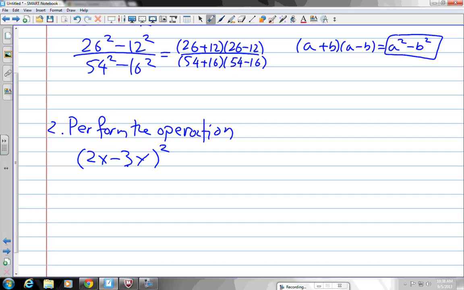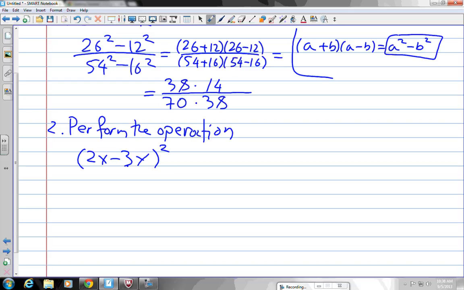Well, now let's start computing those little parentheses. What is 26 plus 12? 38 times, what is 26 minus 12? 14. And what is 54 plus 16? 70. And what is 54 minus 16? 38. All right.